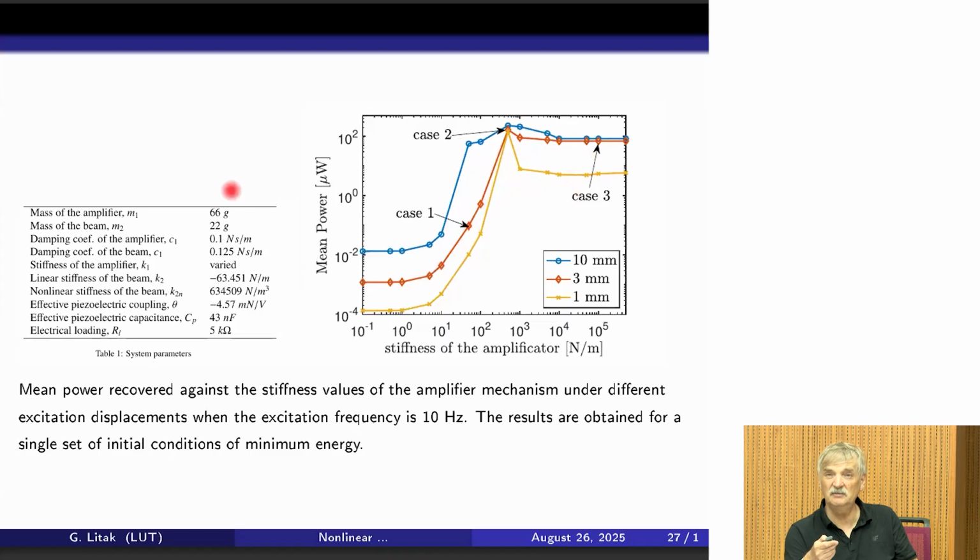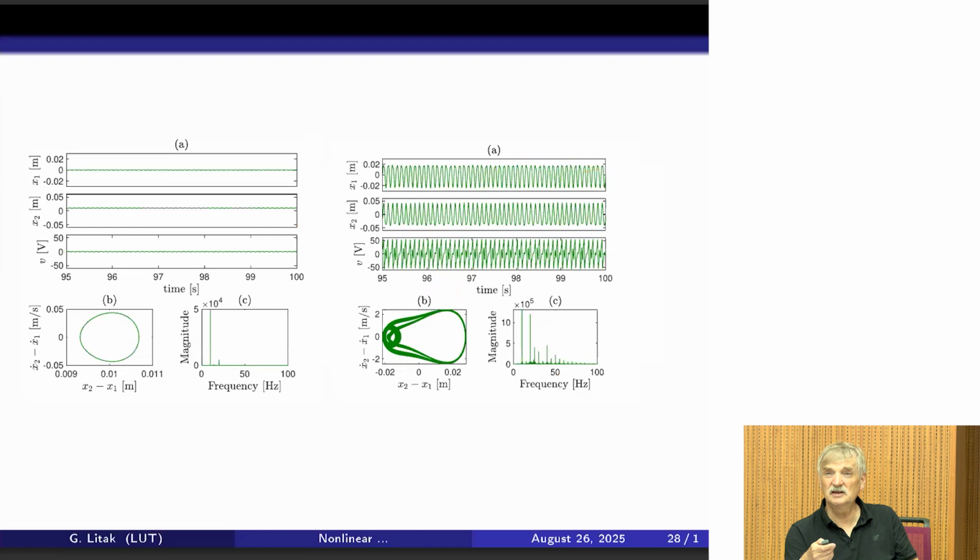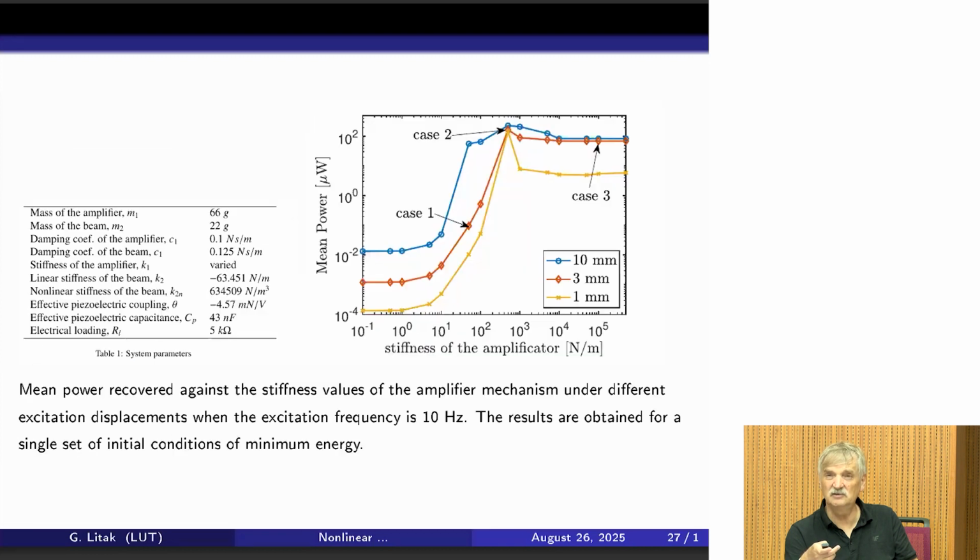Yeah. So we have the parameters used for the system here, and the time series you can see are just for the middle curve, the red one, and what can be told is that you have large amplitude of excitation when your nonlinear effects are more observable.